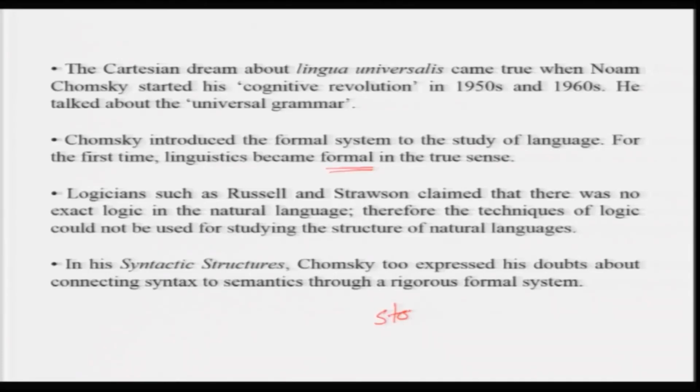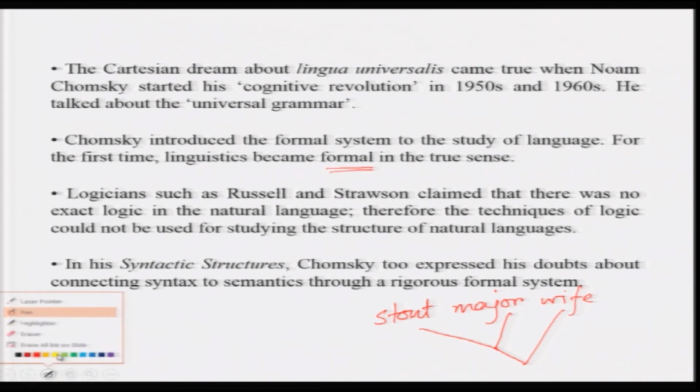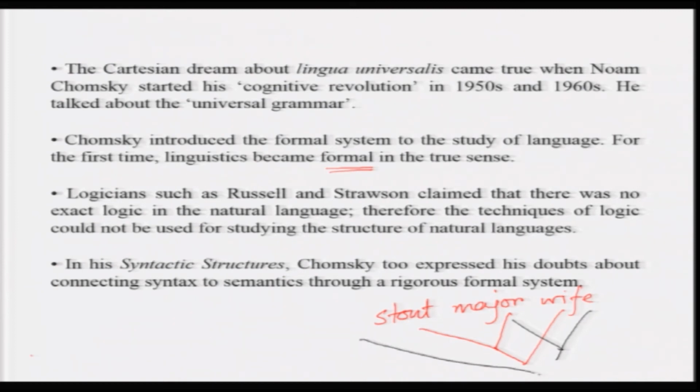What is ambiguity? For example, when I say "stout major's wife," the structure is ambiguous because it can either mean the major is stout and his wife, or it can mean that Major's wife and that wife is stout, right.